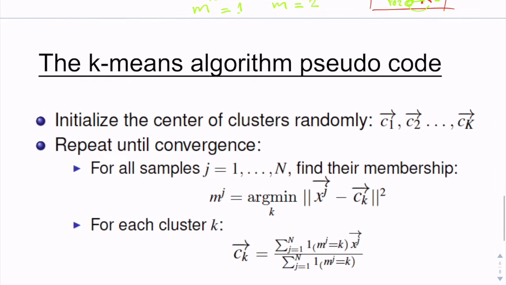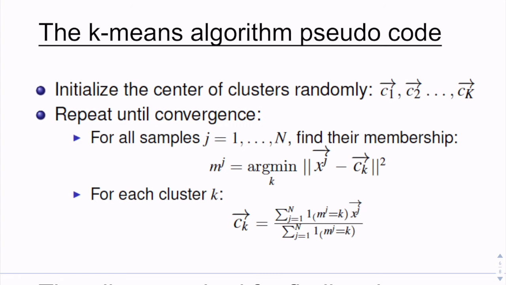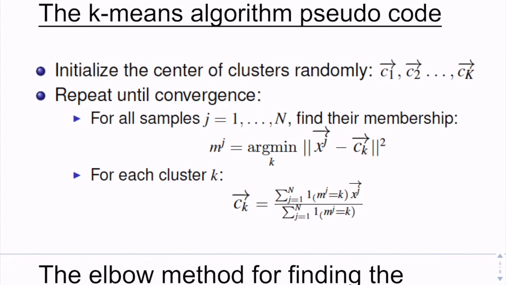So let's also take a look at the pseudocode for k-means. As I said, here we use C vectors as the centers of clusters. If we set the number of clusters to k, then we have k clusters. So this capital K shows the centers of clusters, and these are the vectors.